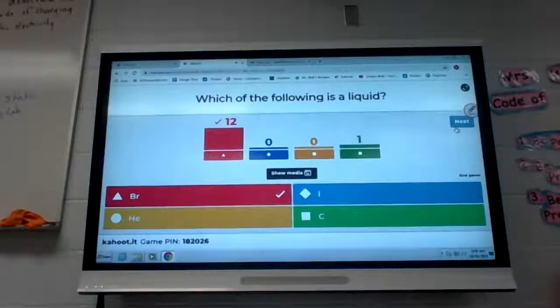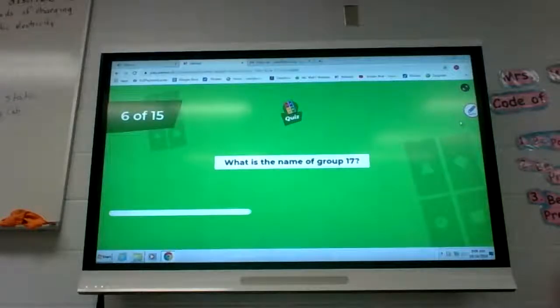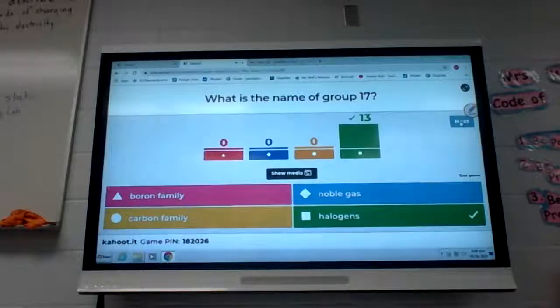Good. Hydrogen and helium are gases. C, carbon is a pencil, so it's not a liquid. Good.